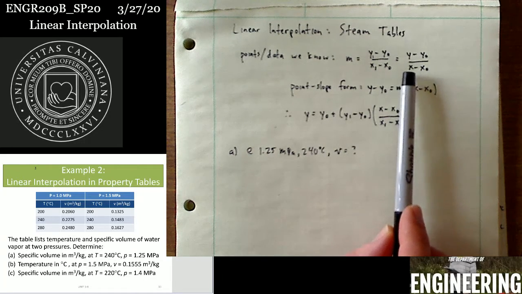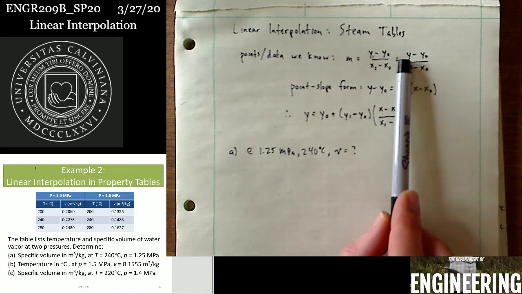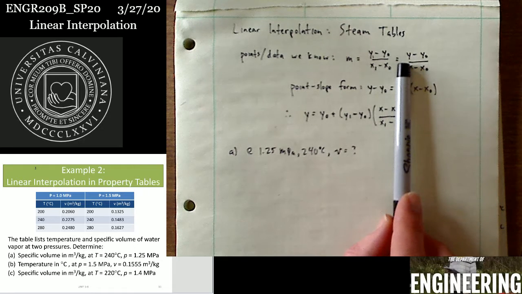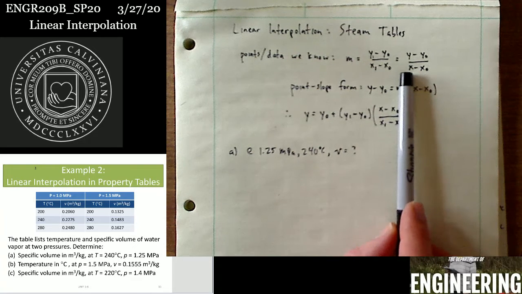So what we'll do is we'll put in our x value that we want the y value at. So in this case, we'll put in our 1.25 megapascals, and the y value will be our specific volume of interest in meters cubed per kilogram at 1.25 megapascals.